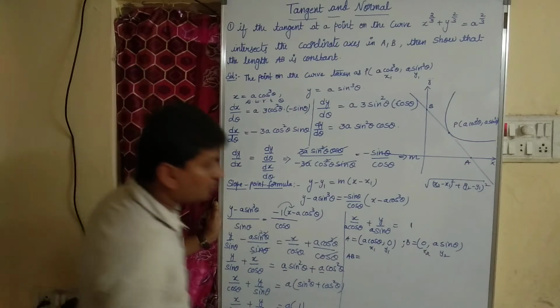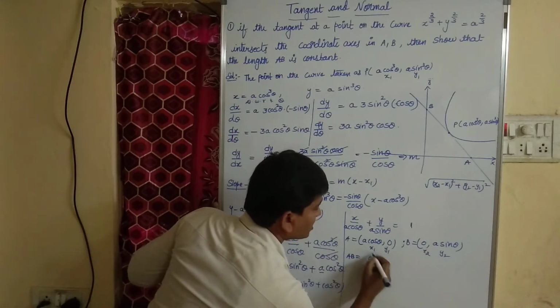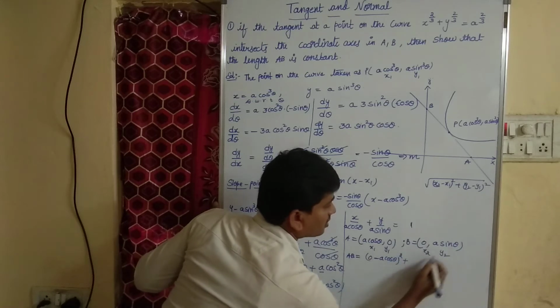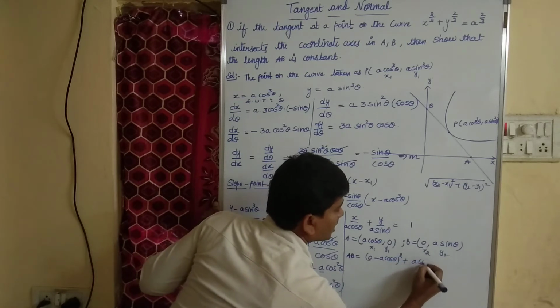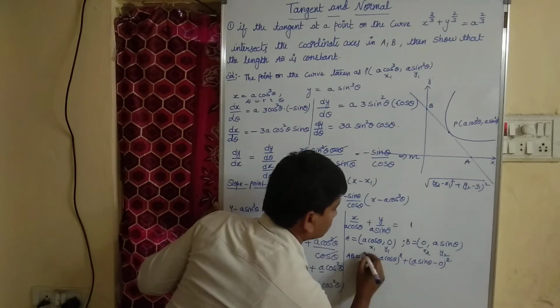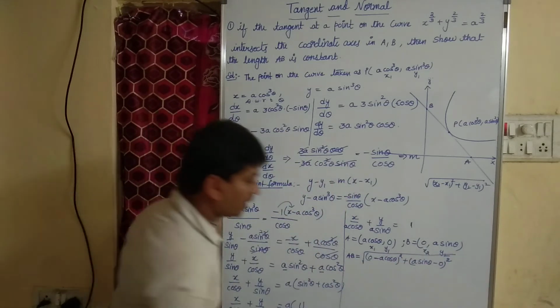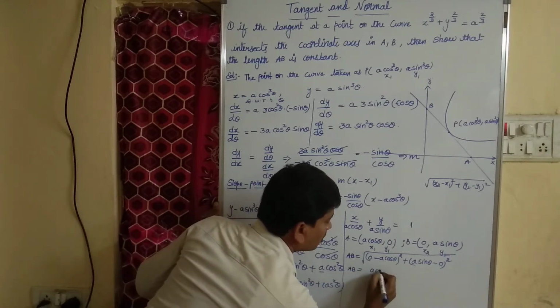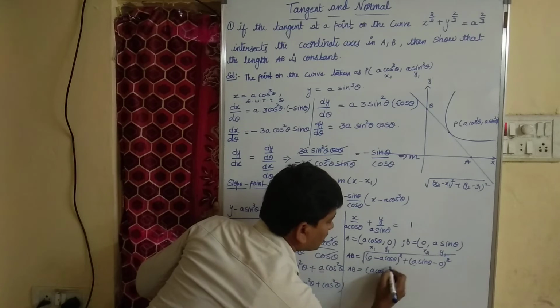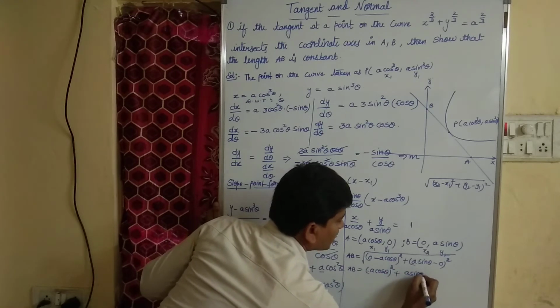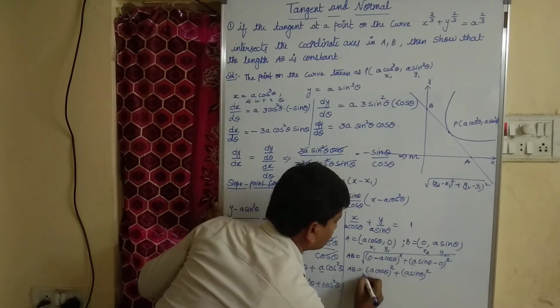So x2 value 0 minus x1 value a cos theta whole square plus y2 value a sin theta minus y1 value 0 whole square. So AB equal to root of 0 minus a cos theta whole square plus a sin theta minus 0 whole square.